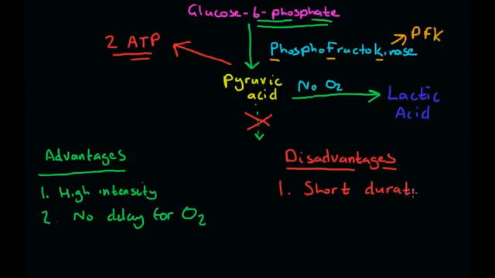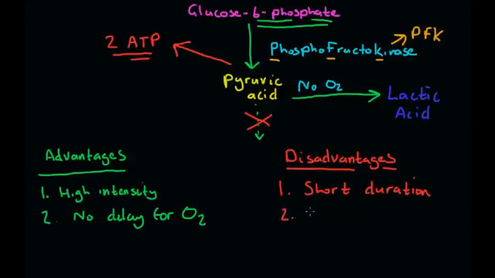You will know from your experiences, and from athletic events, that this short duration can be up to around a minute. If you think about something like a 400-meter race, the faster we go, or the higher the intensity of energy, the shorter that duration becomes. So anything between 10 seconds and a minute is typically powered by the lactic acid system.